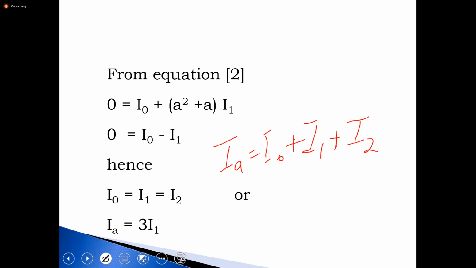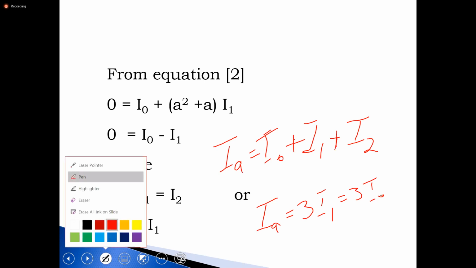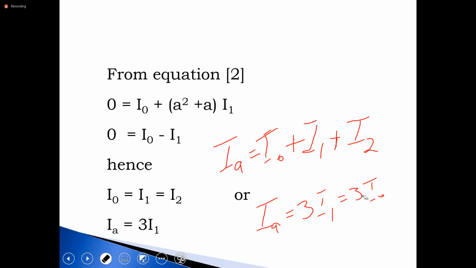All right? So since they are all equal, then IA is equal to 3I1. Of course, that's equal to 3I0 equal to 3I2. But for our purposes, we usually just say it's equal to 3I1. And you will see why in a few minutes. Any questions?